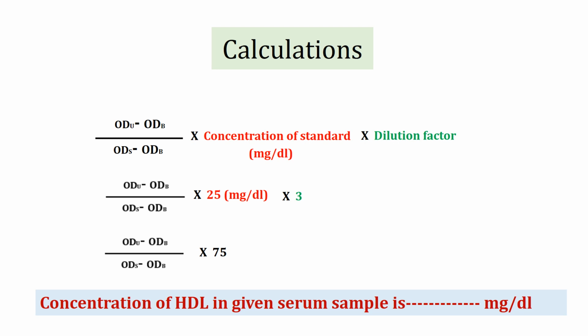The concentration of standard is 25 mg per dl and dilution factor is 3, which I have already mentioned in the earlier slide. Here the concentration of standard is already in milligram per deciliter, so you need not multiply it with 100. So after using this formula you will get the concentration of HDL. Here I have not provided the ODs of blank, standard and test, but you can write this formula in your journal.